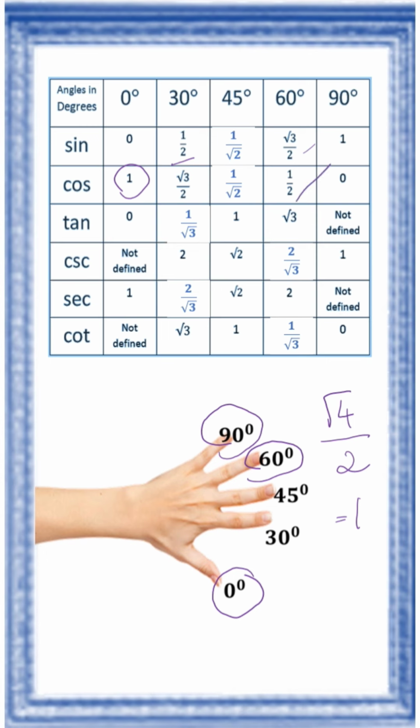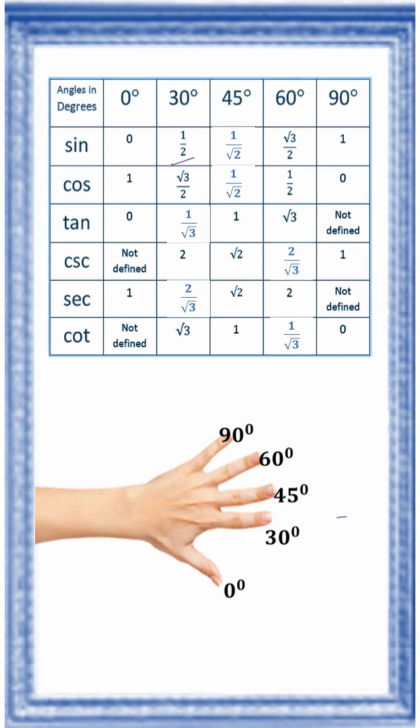Yeah, correct. By using this, you can have your reciprocal ratios such as cosecant and secant ratios.